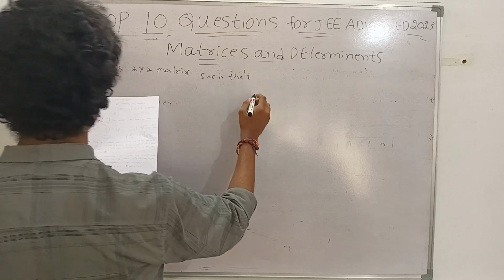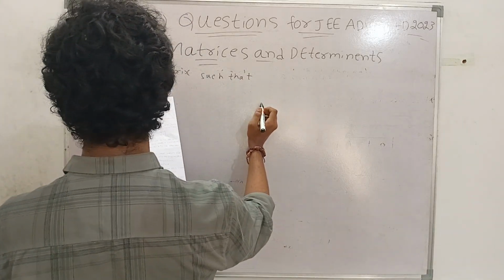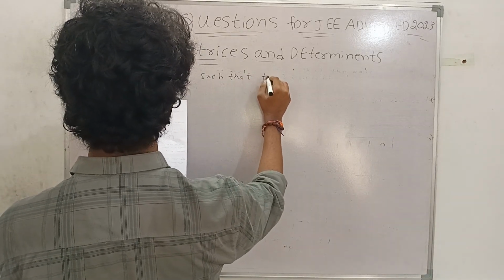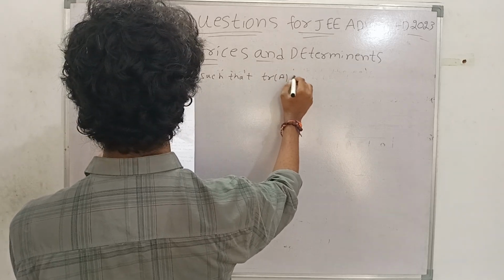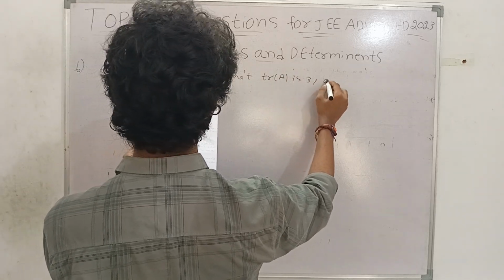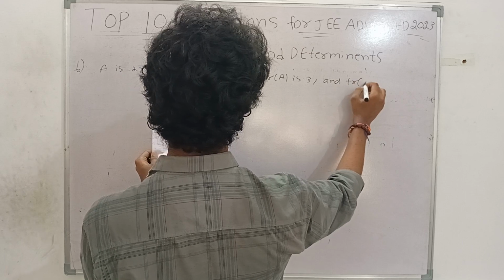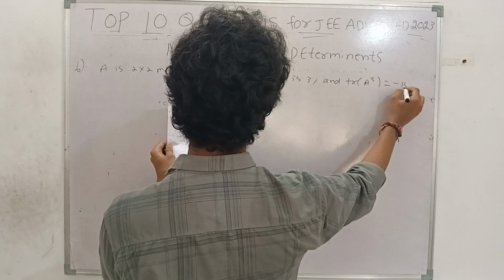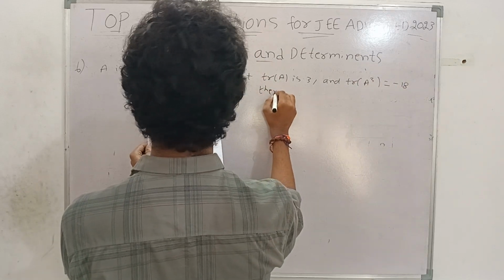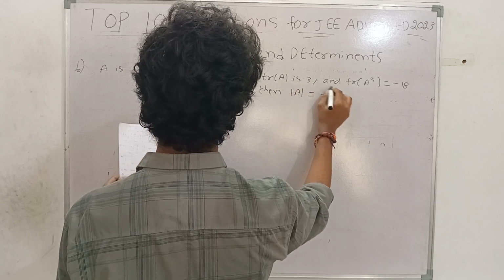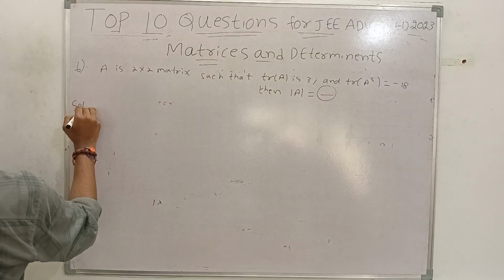A is a 2 cross 2 matrix such that trace of A is 3 and trace of A cube is equal to -18. And then det A is equal to what? It is very important, guys.